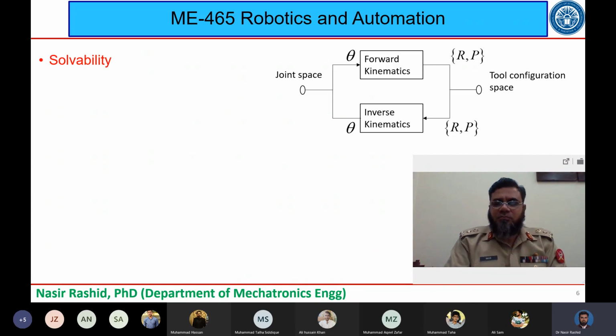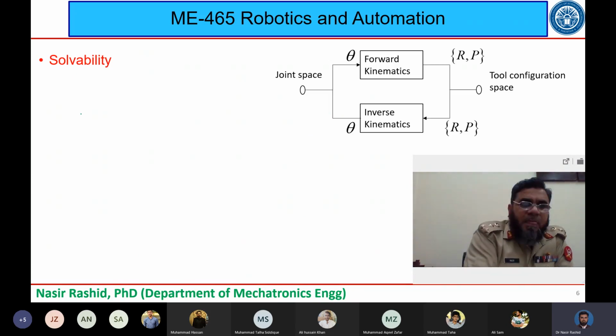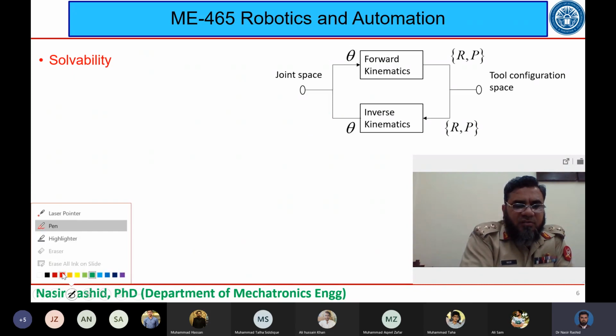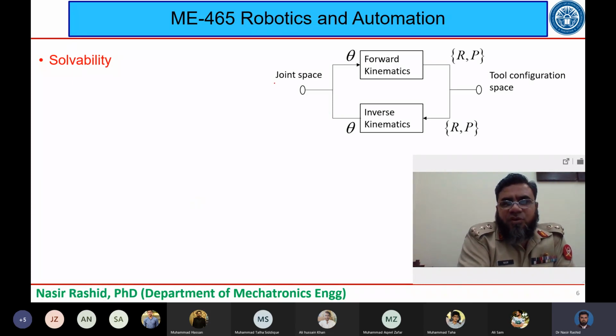So if you now look at this diagram, what we see here is that for the joint space in forward kinematics, we know theta, we know the angles, we know the joint variables, and then we find out these two, rotation and position, of the tool, and we achieve the tool configuration space.